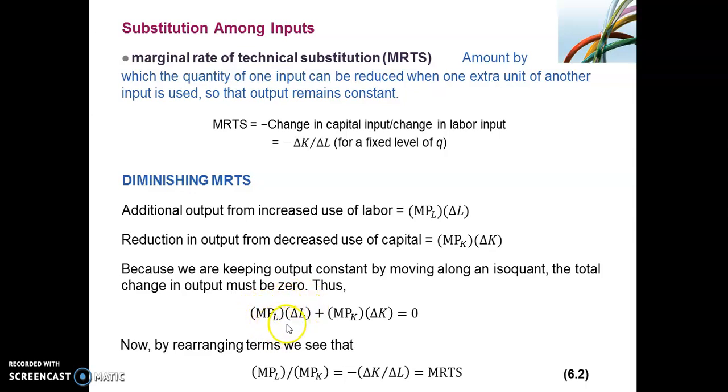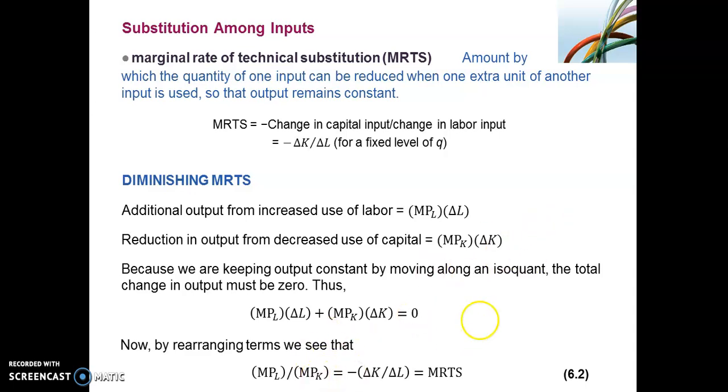There's an increase in that additional output. And here you have a reduction in output because you're using less capital. So the product of your marginal product of capital times the change in the capital, we know that there's a reduction there. The net effect of that is that in terms of output doesn't change. So the change in output must be zero. Hence, on your right hand side, we have zero because we're keeping output constant. Moving along that isoquant, the total change must be zero.